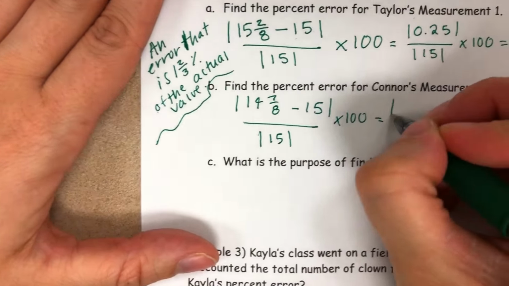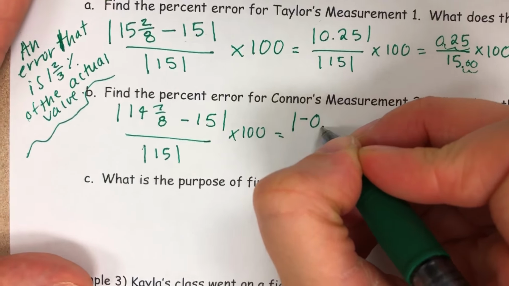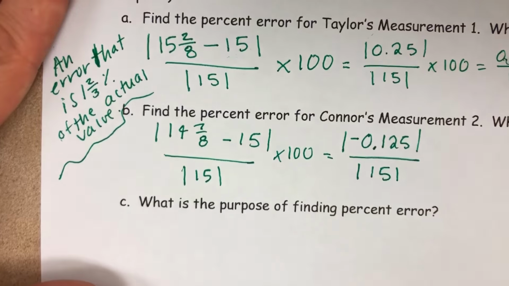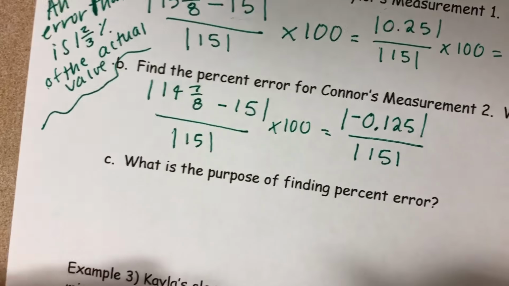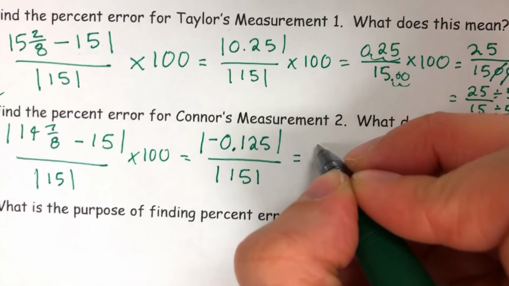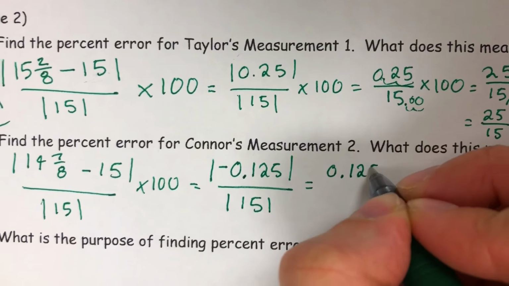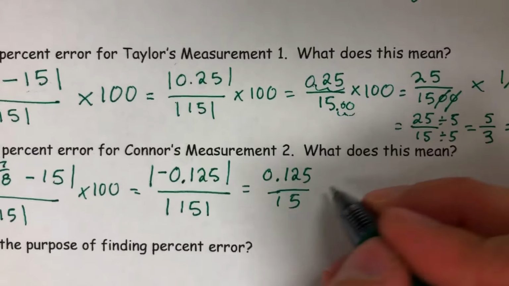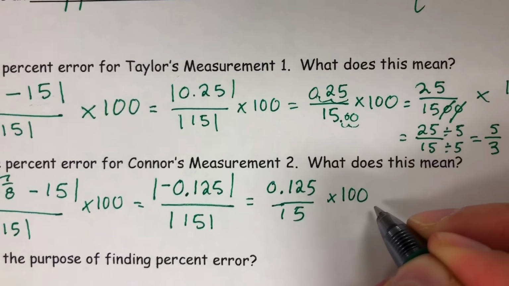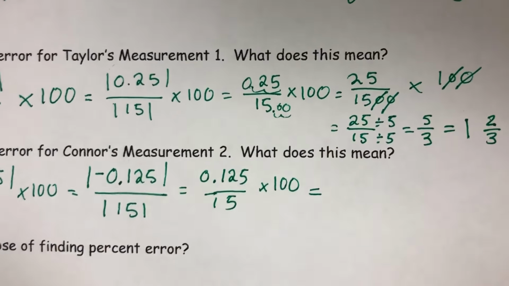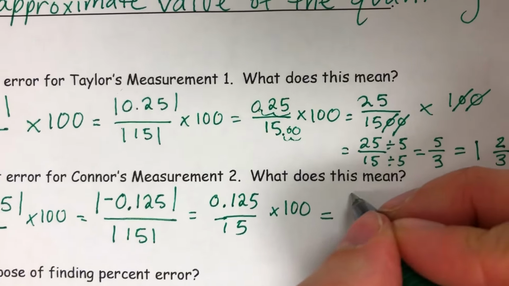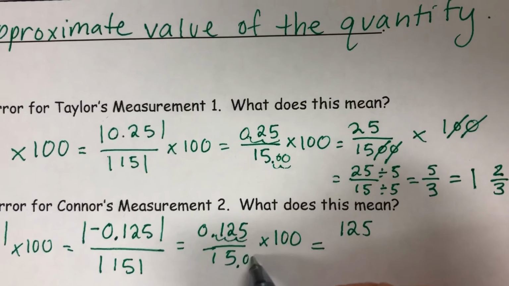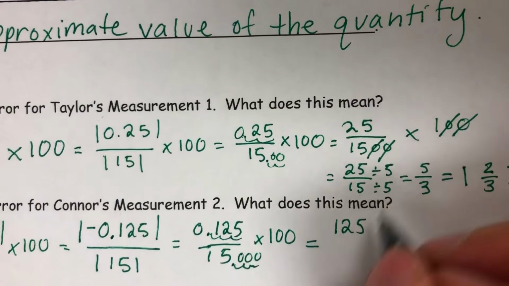Once again, we already did this, and it turned out to be negative 0.125 and 15. The absolute value of each is 0.125 and 15, because that's the distance from 0, times 100. All right, once again, I'm going to move my decimal place, so I have 125. I just moved it over 3.